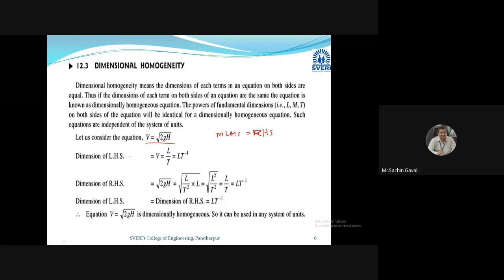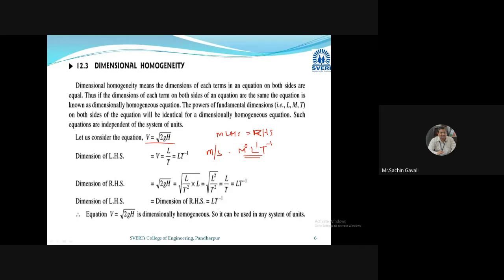So the dimension of LHS: V is equal to L by T, meter per second. In MLT form, we write M raised to 0, L raised to 1 and T raised to minus 1. Now the dimensions of RHS, root 2GH.